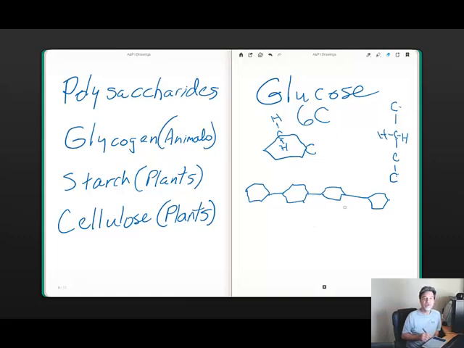How do you know? Because whenever you eat anything with a cell wall in it, you do a very, very bad job of digesting it. Think corn. Corn ends up, eat it one day, you see it the next, right? So we can't digest cellulose. We do pretty good with starch and really good with glycogen because that's the molecule we make.